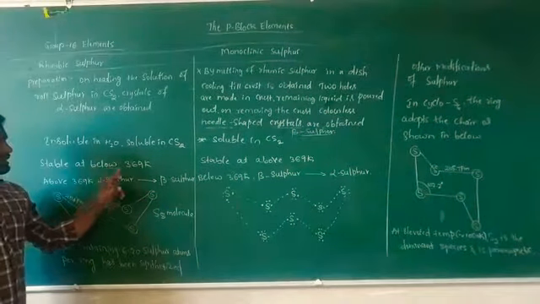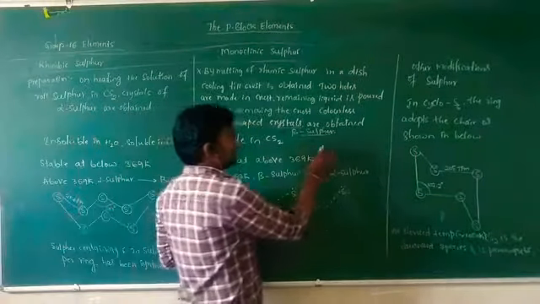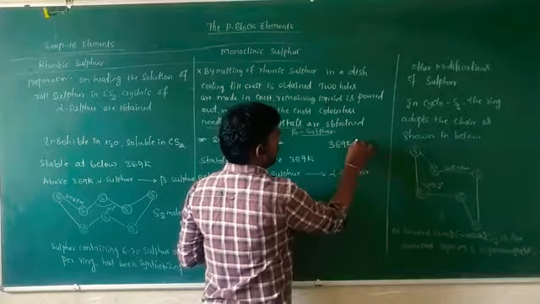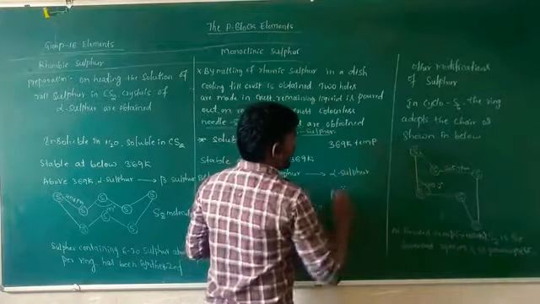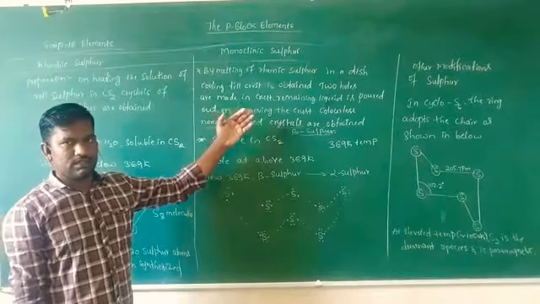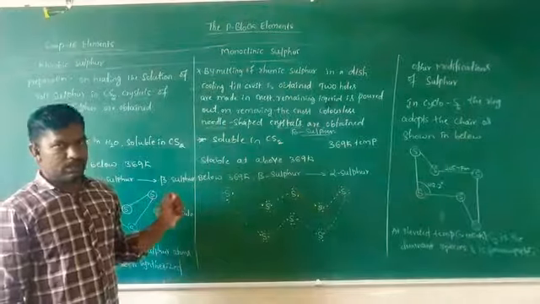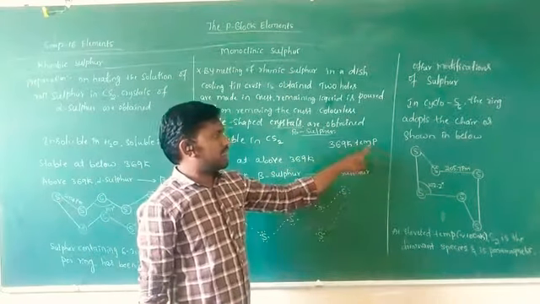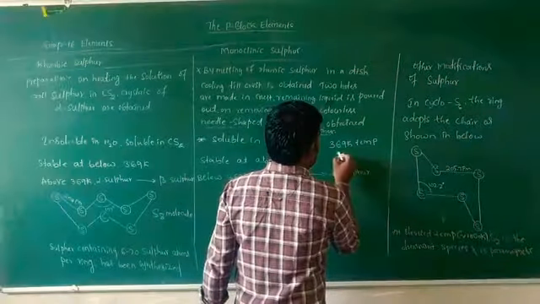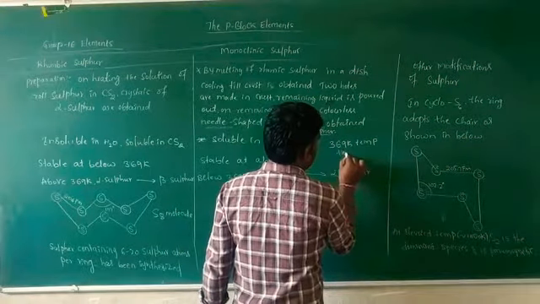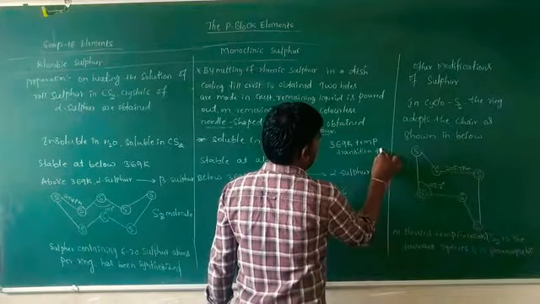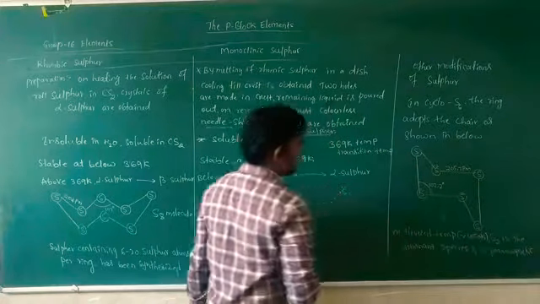At 369 Kelvin, both alpha sulfur and beta sulfur are stable, so 369 Kelvin is called the transition temperature.